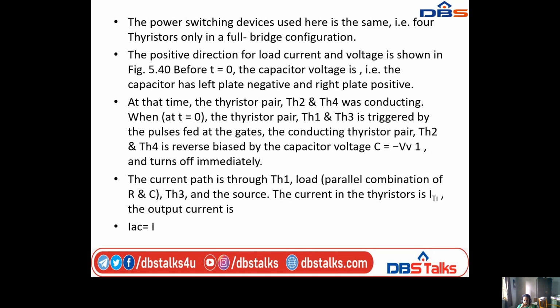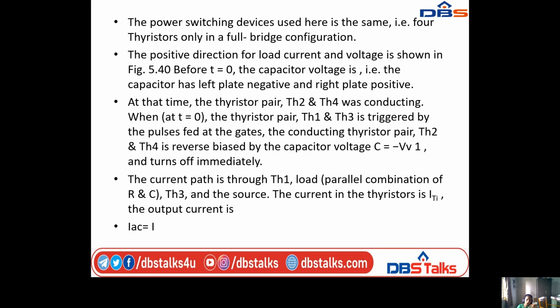When thyristor pair TH1 and TH3 is triggered by the pulses fed at the gate, the conducting pair TH2 and TH4 will be reverse biased by the capacitor voltage minus V1 and turn off immediately. The current path is through TH1, the load, TH3 and the source. The thyristor current is iT, and the output current is i0 equal to I.